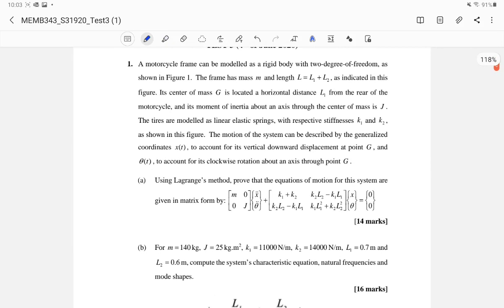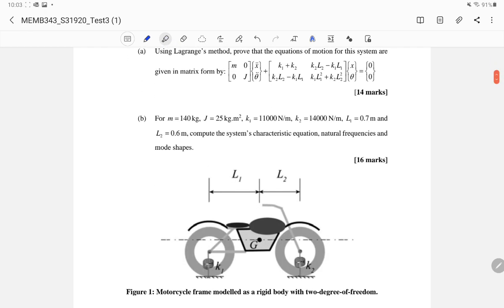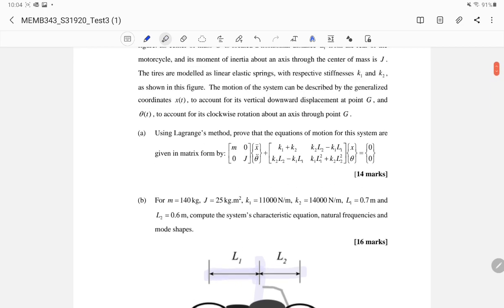They gave you that the frame has mass m, and the lengths are L1 and L2. You can see that there is a center of gravity G, and you also have K1 and K2, and from G you have these lengths. So it is a form of a rotational bar problem, where your center of gravity is at the center.